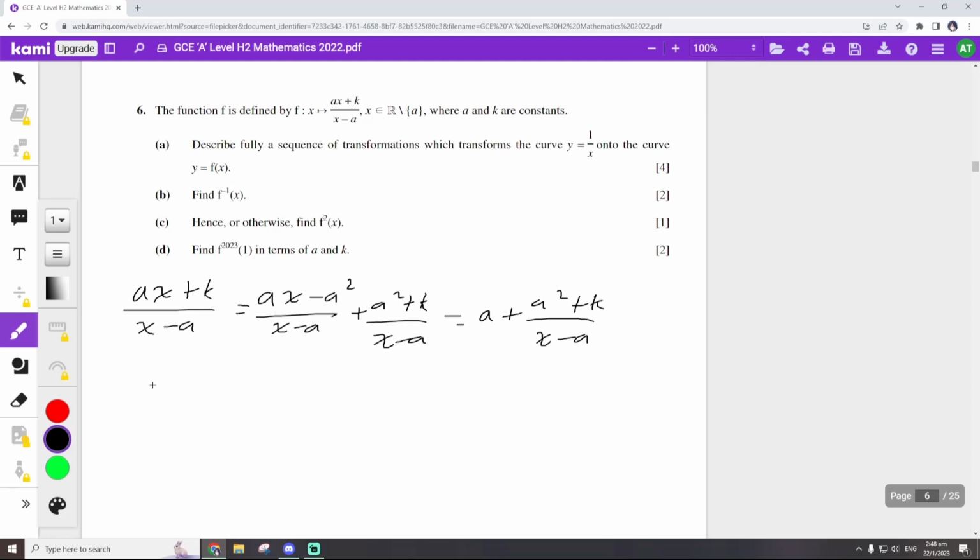Okay, so my order of transformations will be: first, translate a units in the positive x direction.